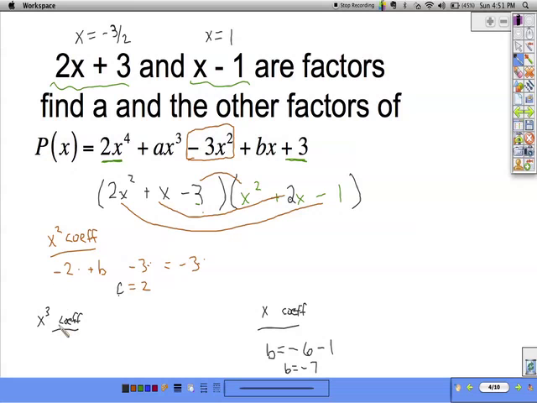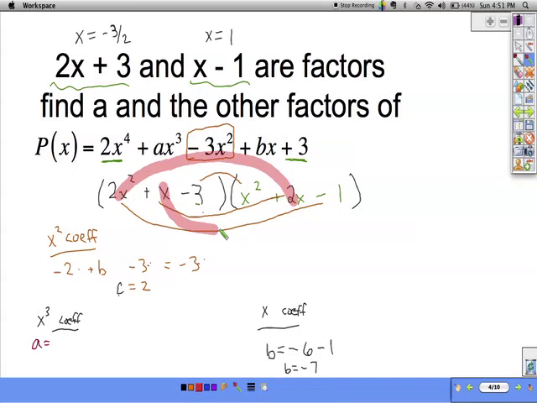The x cubed coefficients have to total up to a of them. And we're going to get x cubed by multiplying the x squared term times the x term. So those guys there.